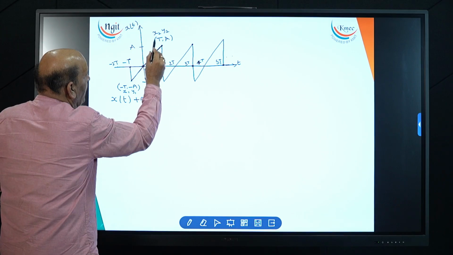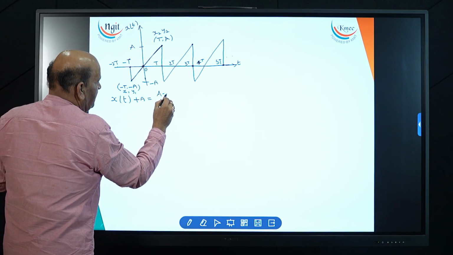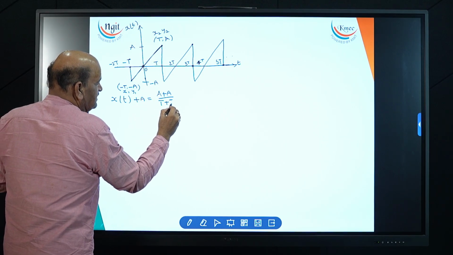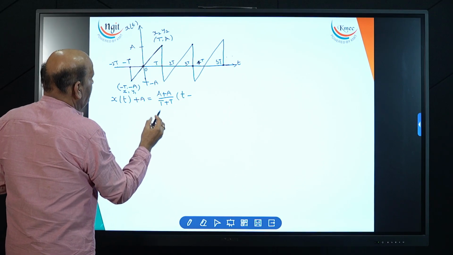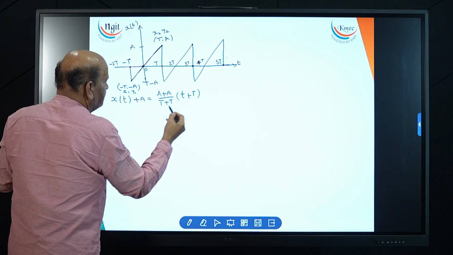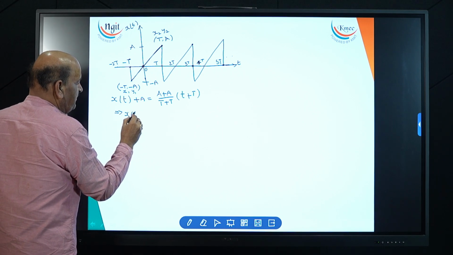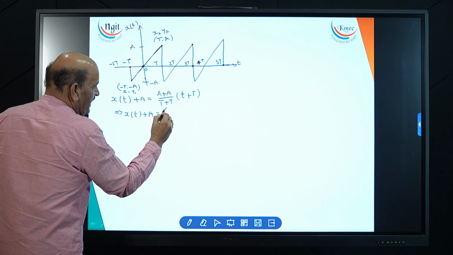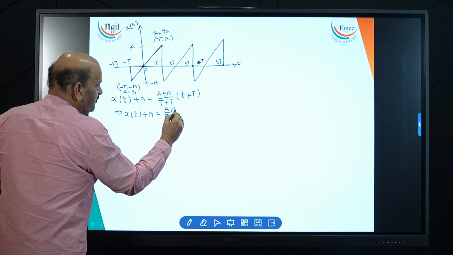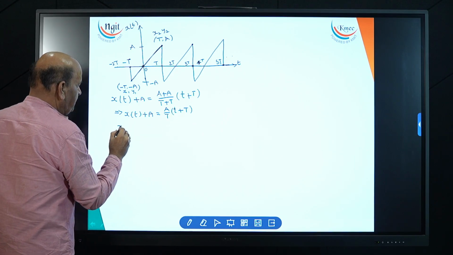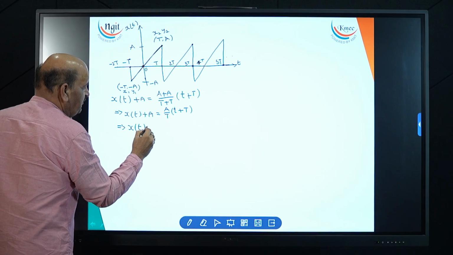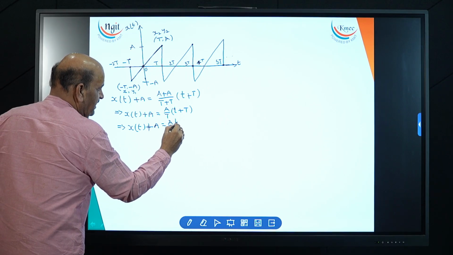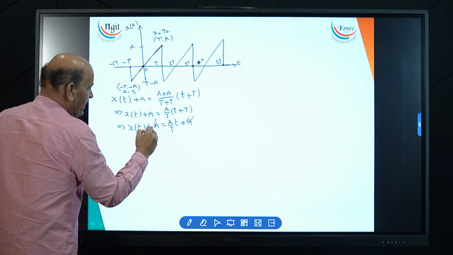y minus y1 is equal to y2 minus y1 by x2 minus x1 into t minus x1, which becomes t plus T. Now this implies x of t plus A is equal to 2A by 2T, the 2 cancels, this becomes A by T into t plus T. Now x of t plus A equals A by T into t plus A. This A cancels.